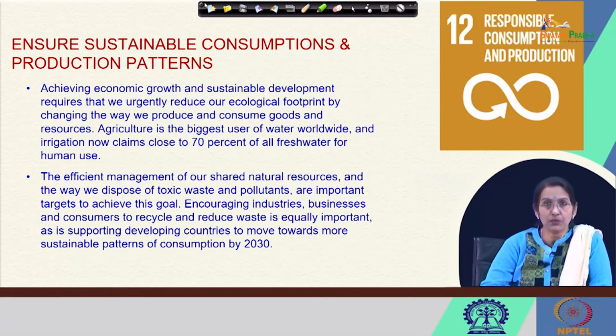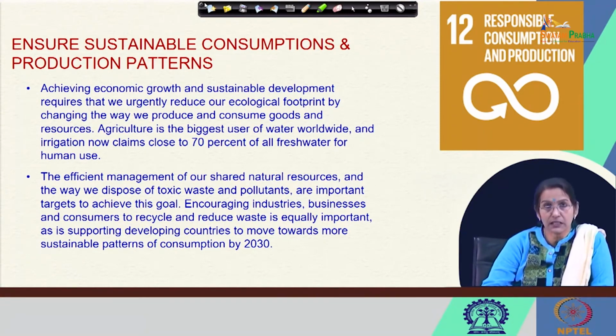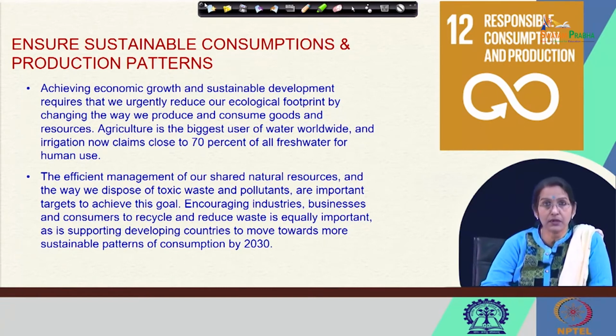The way we dispose of toxic waste and pollutants is important to achieve this goal. How we use and consume products, how we waste, and how we dispose of waste products and pollutants are very important factors of ecological sustainability.